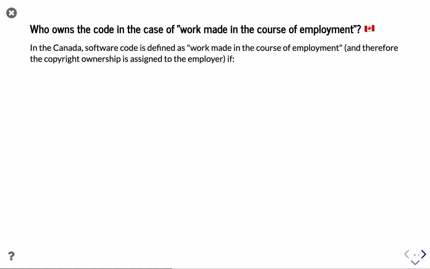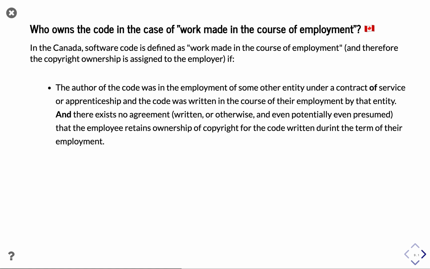In the case of Canada, software code is defined as work made in the course of employment, and therefore the copyright ownership is assigned to the employer if it satisfies the following criteria. The author of the code was in the employment of some other entity, a person or a business, under a contract of service or apprenticeship, and the code was written in the course of their employment by that business or person.